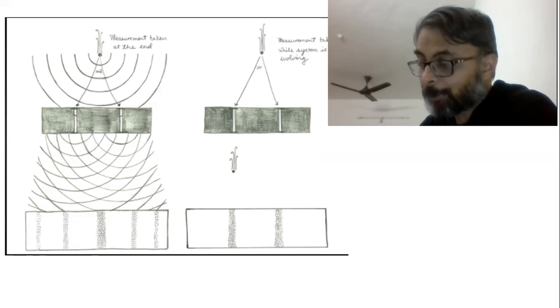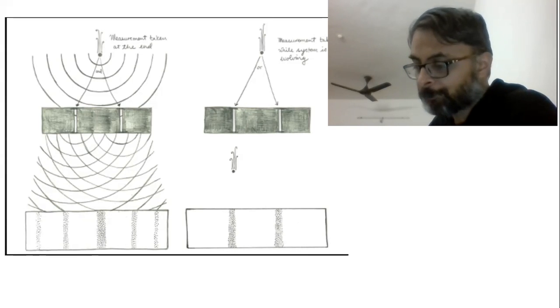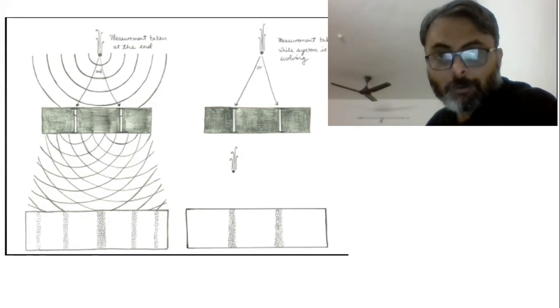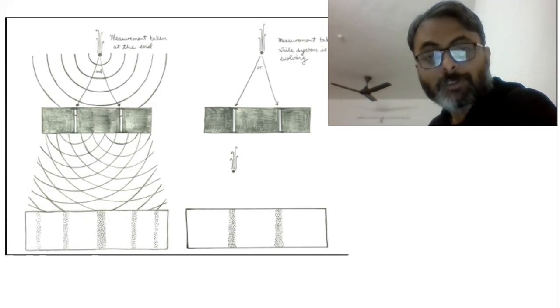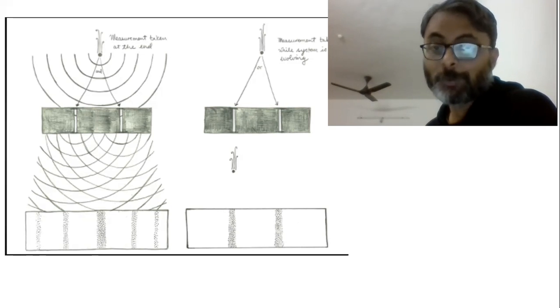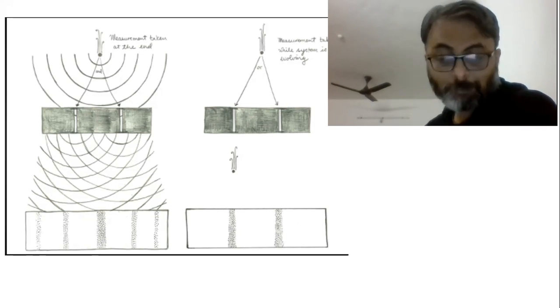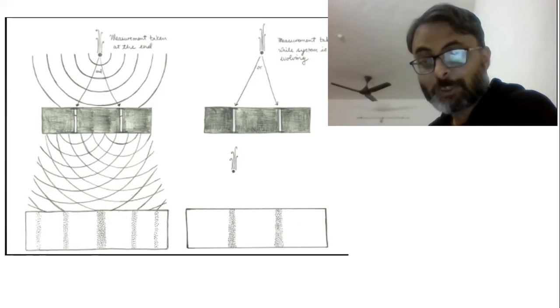What exactly do we mean by measurement? We can try to find out which slit the electron is going through, slit A or slit B. We can do that by putting a detector before the slits or after the slits, the delayed choice or which-way experiment.